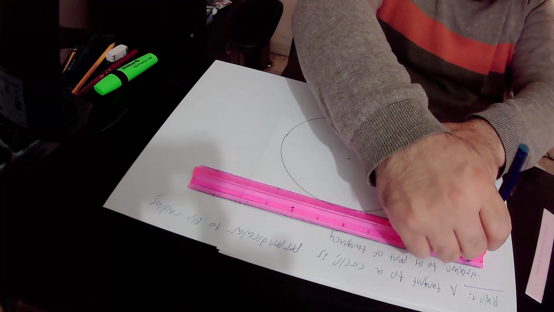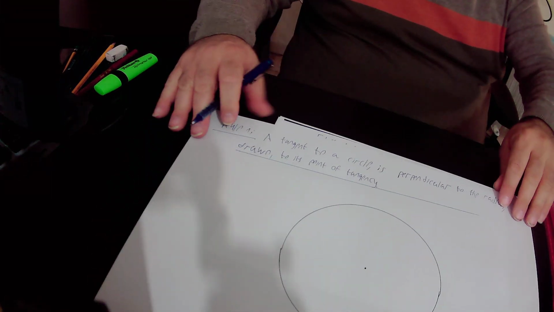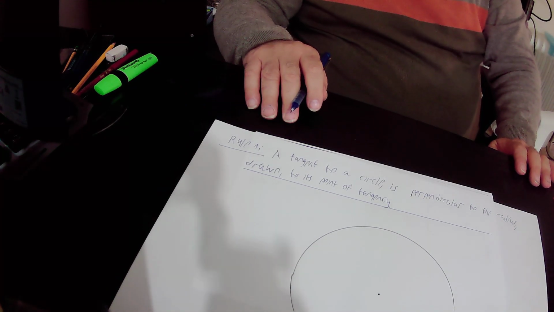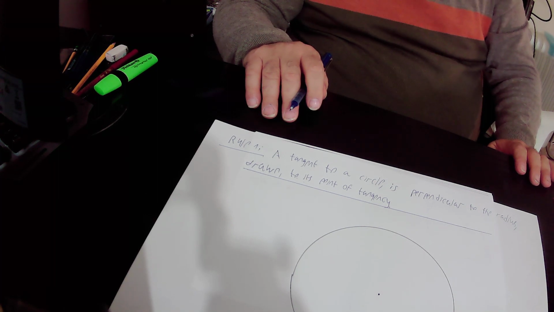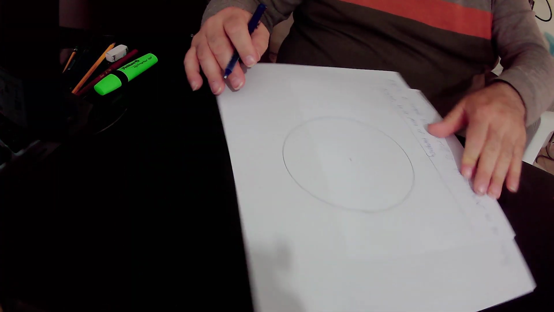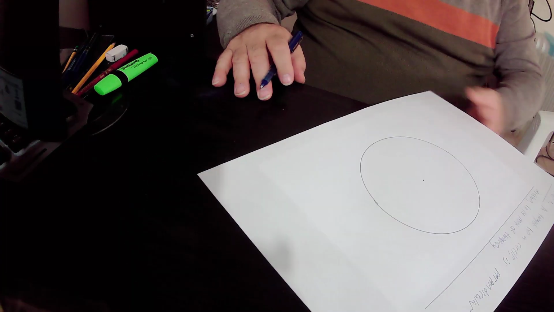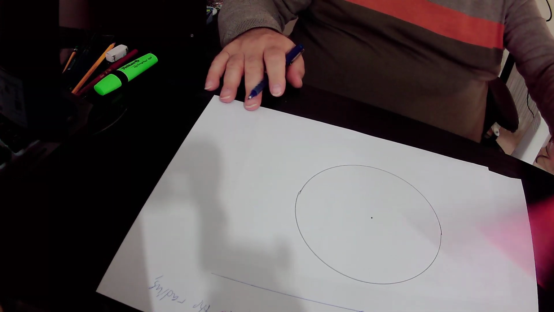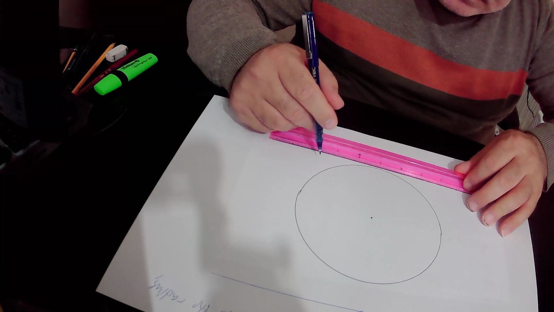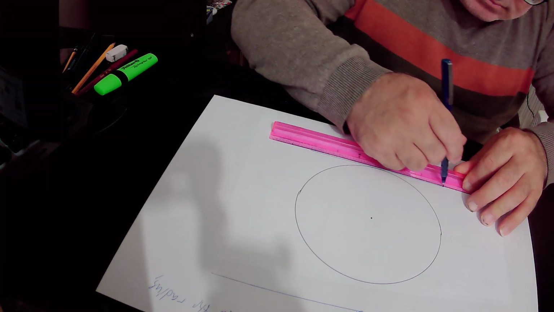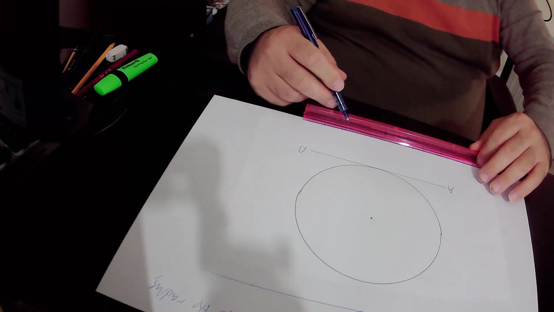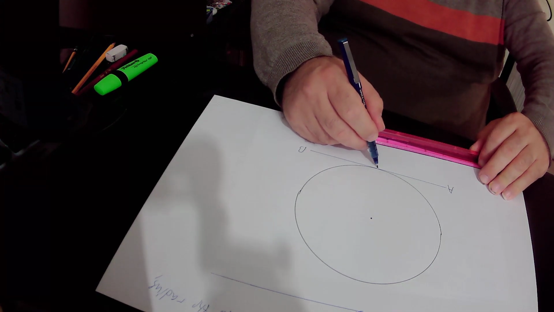I'll repeat again rule number 1. According to rule number 1, a tangent to a circle is perpendicular to the radius drawn to its point of tangency. So what is the meaning of rule number 1? The meaning is that if we have this circle, and we also have here tangent AB, we know that this tangent AB is tangent to this circle at this point.